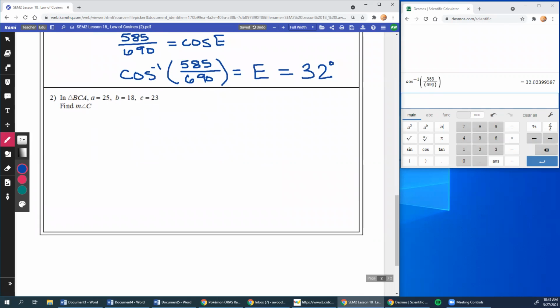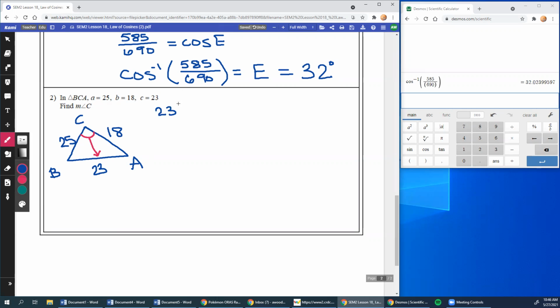All right, last one. No triangle, so we're going to draw the triangle B, C, A. So little a is 25, little b is 18, little c is 23, and they want us to find the angle C. So our side opposite is 23.